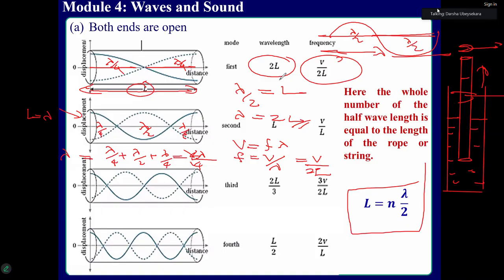When this frequency is equal to the frequency of your fork, only then you hear that resonance sound. So you can see when L is changing, the frequency of the particular wave is changing. Here v over 2L, here v over L, here 3v over 2L, right? So different times. That's why different resonance frequencies are there. Understood the practical?